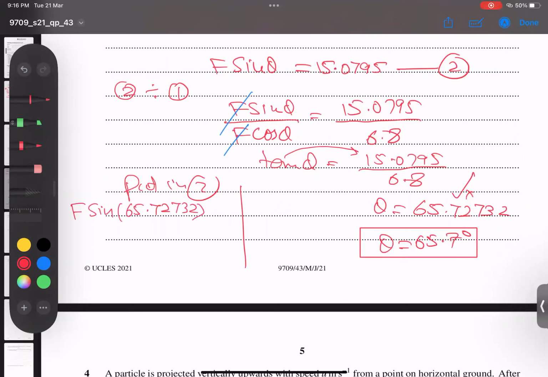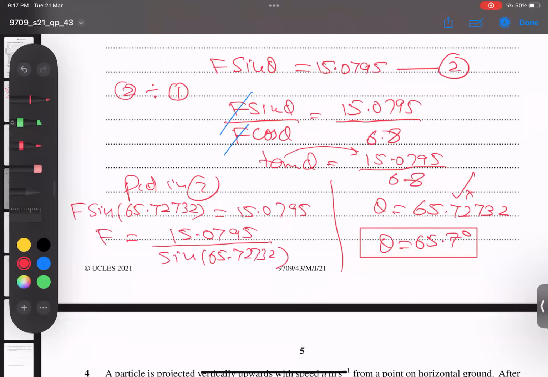When I put in equation 2, F sine 65.72732 equals 15.0795. I repeat my words. This whole angle I kept here and I got this form. And now this whole thing will divide under it. Look, I show once: 15.0795 divided by sine of 65.72732.